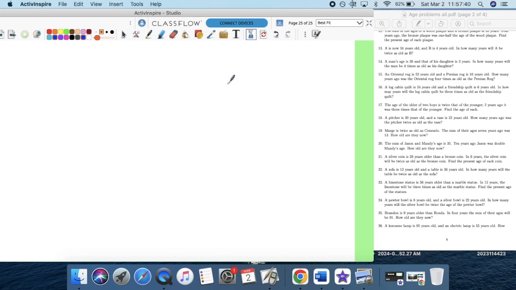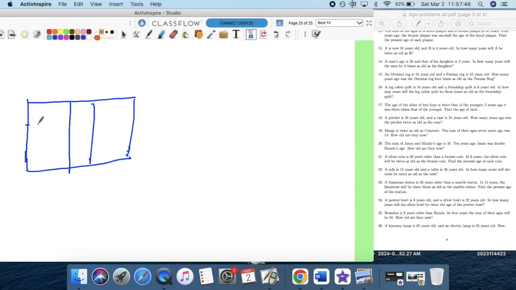18. A pitcher is 30 years old. So not the baseball pitcher, like a pitcher of water. So we have a pitcher and a vase. Pitcher is 30. Vase is 22. So same type of question.